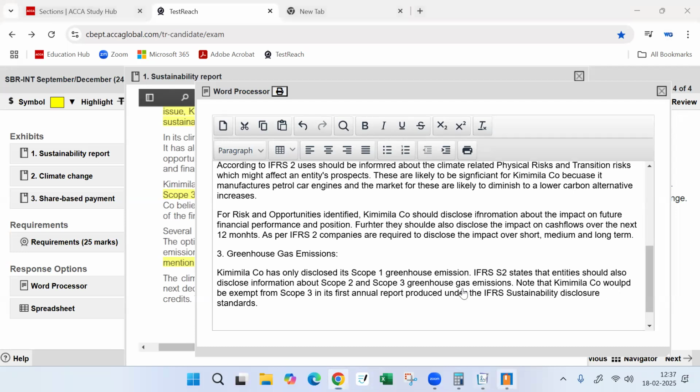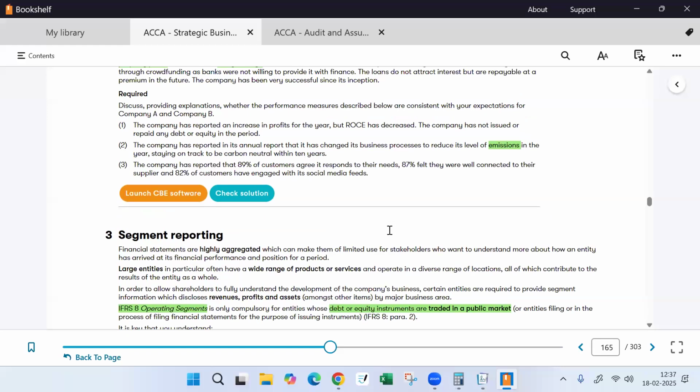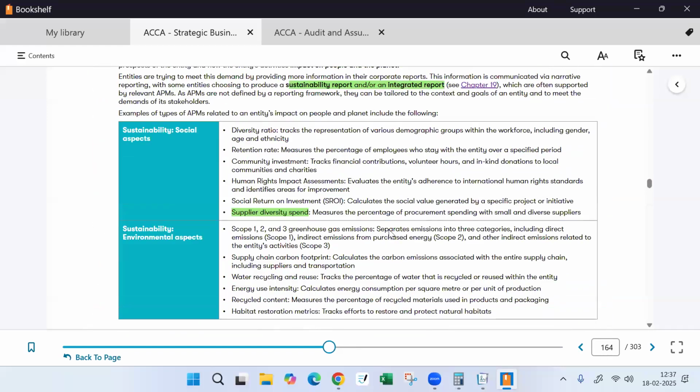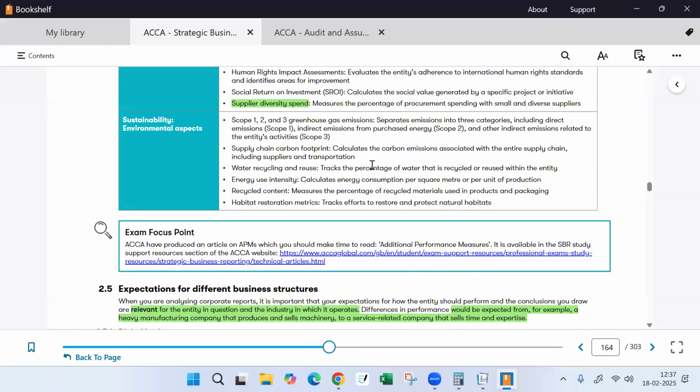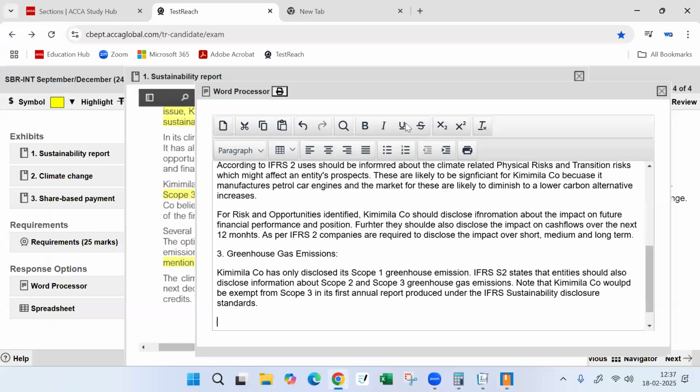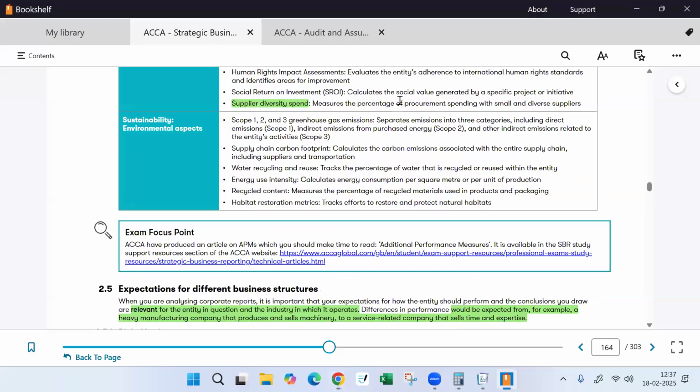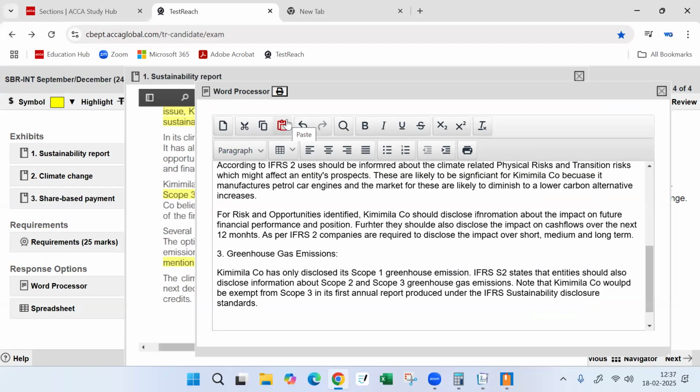Further, what are scope 1, scope 2, scope 3? You can write this sentence: greenhouse gas emissions are separated into 3 categories.